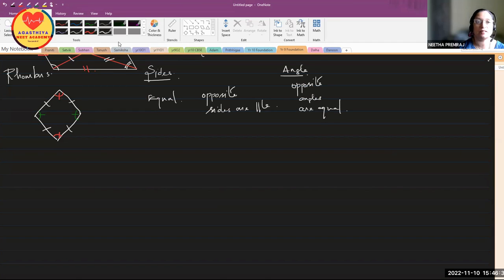Okay, what about diagonals? Exactly. But there is a specific property about it. What is it?